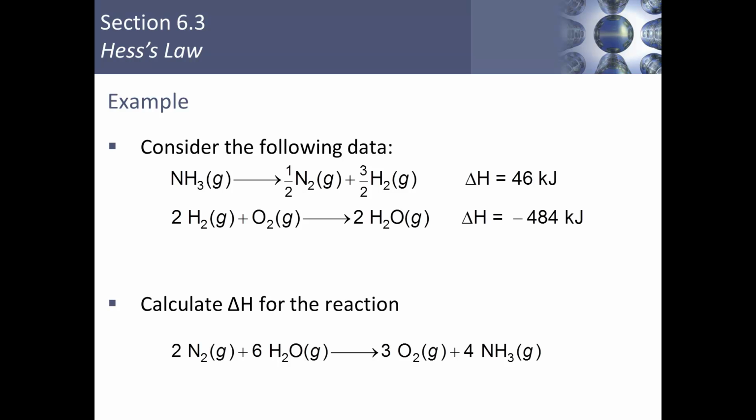We can use these two reactions and their heats of reactions, or enthalpies, to calculate the change in enthalpy for the reaction between nitrogen gas and water to give oxygen gas and ammonia gas.